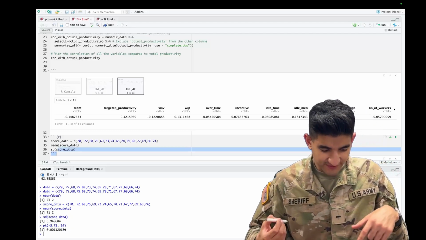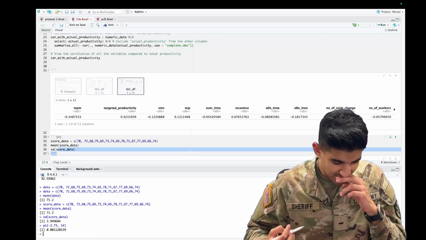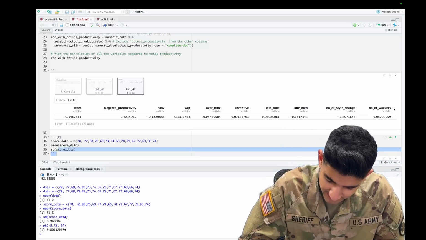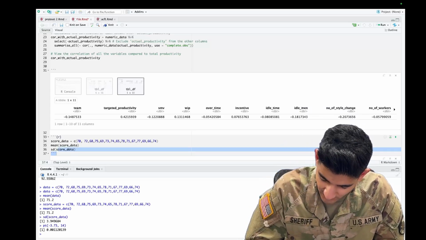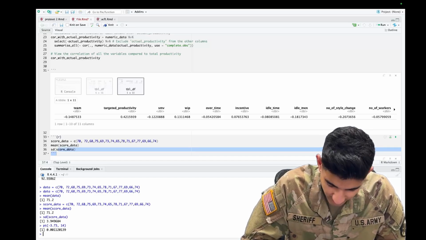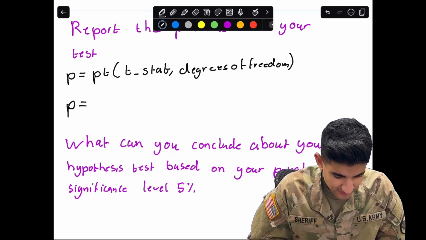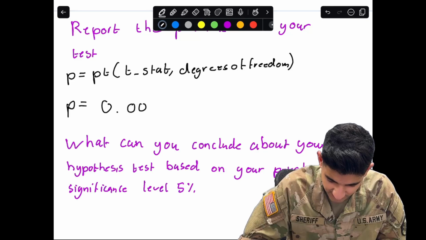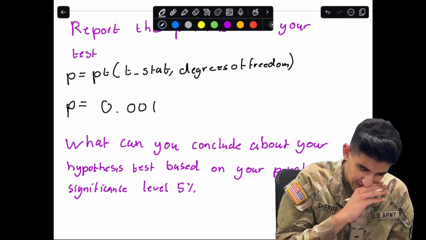As you can see over here, we got a super small p-value. Let me go back to my iPad for you guys. Our p is equal to 0.001, so basically almost 0.